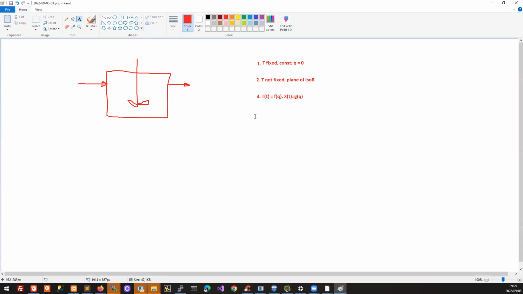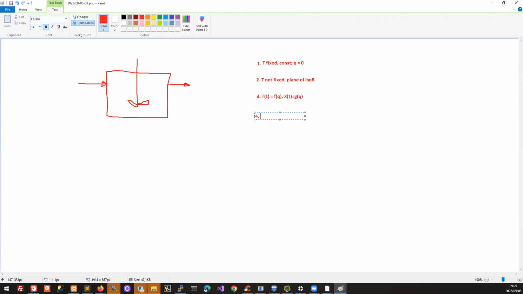Now, the big assumption behind all this was that we had ideal reactor types. And of course, the ideal reactors that we had were CSTR, PFR, and batch. So those are the ones we've been talking about.